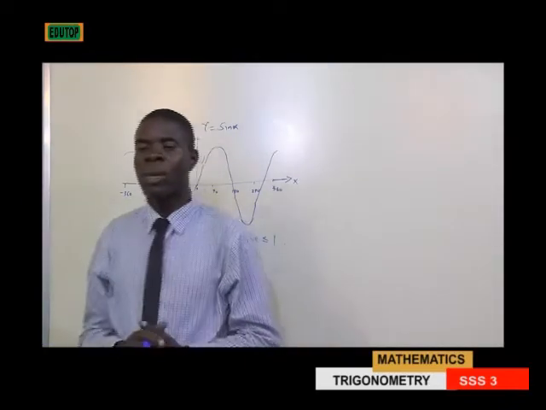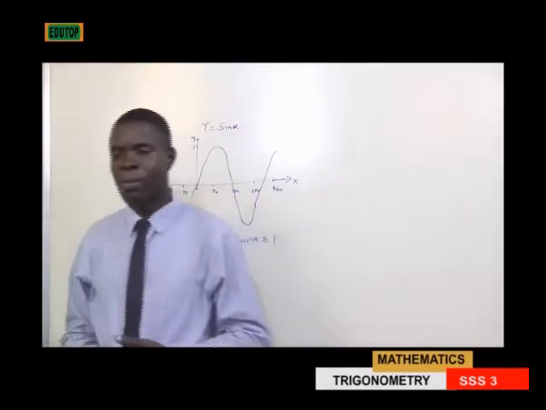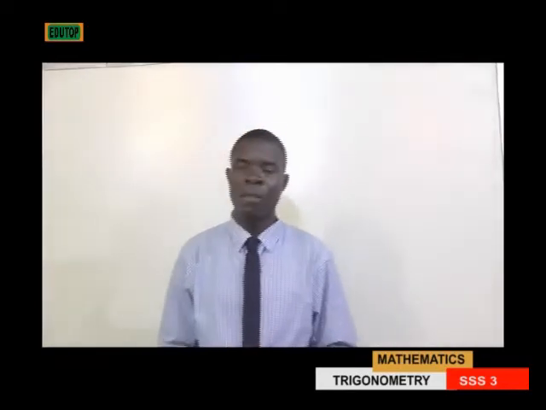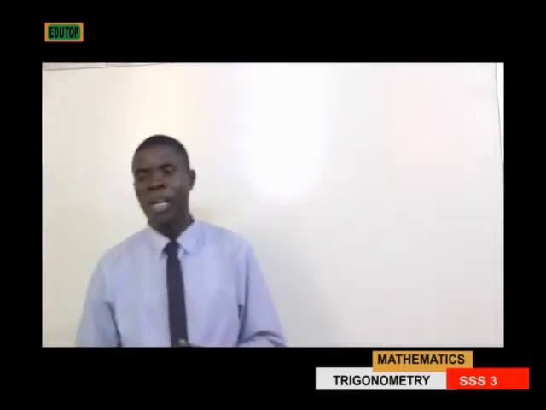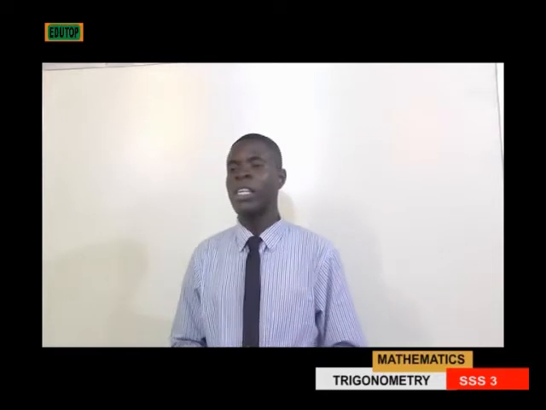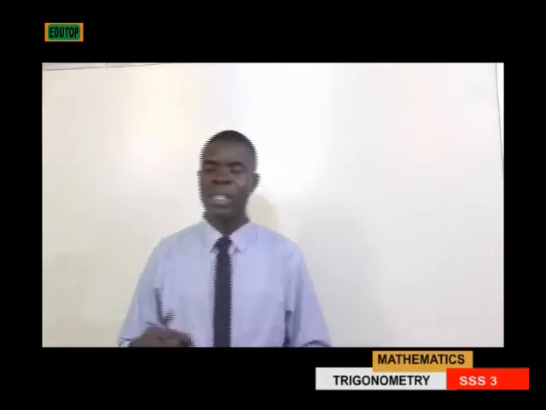So we can see some examples to justify our claim. It should be noted that the sine graph, the cosine graph, and the tan graph we shall consider. Having talked about the sine graph, we are to talk about the cosine graph, and after the cosine graph we'll talk about the tan graph.